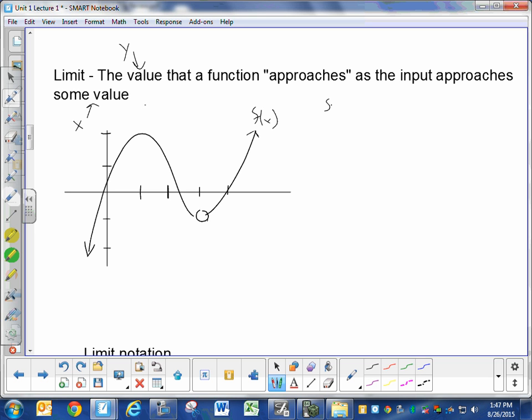Now we know that f of 1 was 2. That is defined. It doesn't have a closed circle, but you can assume it is a closed circle since it is a continuous curve.